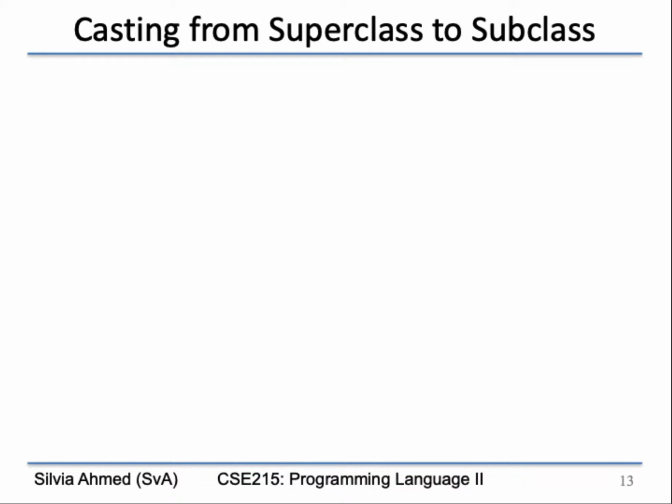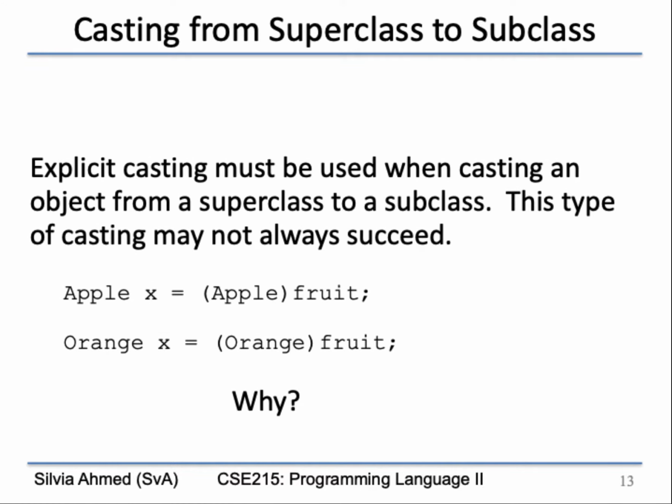When we cast from a superclass to a subclass, the question is, can we do it all the time? Explicit casting must be used when casting an object from a superclass to a subclass. But this type of casting may not always succeed.